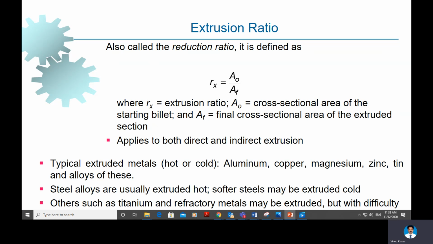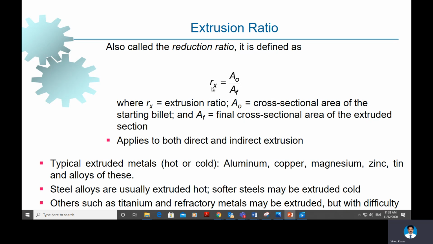The measure of reduction, we call it reduction ratio, which is expressed as reduction ratio equal to A naught over AF, where A naught is the cross-sectional area of the starting billet and AF is the cross-sectional area of the extruded part, or final cross-sectional area.